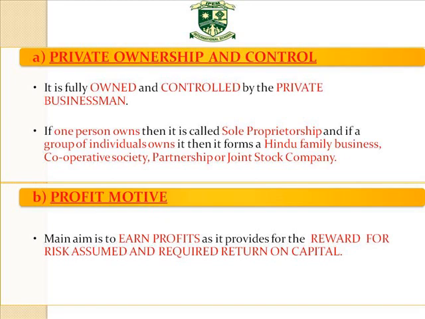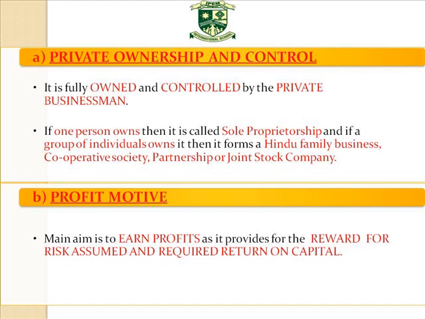Similarly, if an organization is owned by two people or a group of people, it can be termed as a joint Hindu family business, a cooperative society, a partnership, or a joint stock company. All these terms are different kinds of business organization.